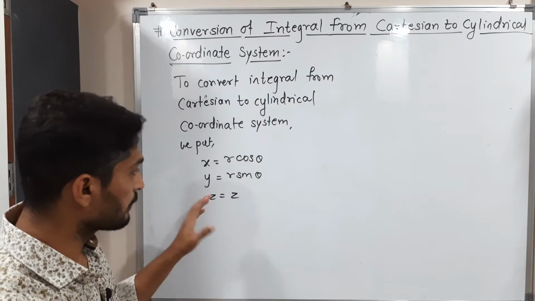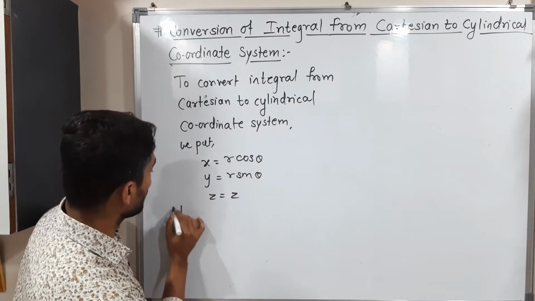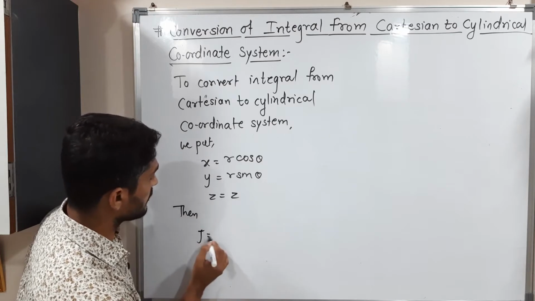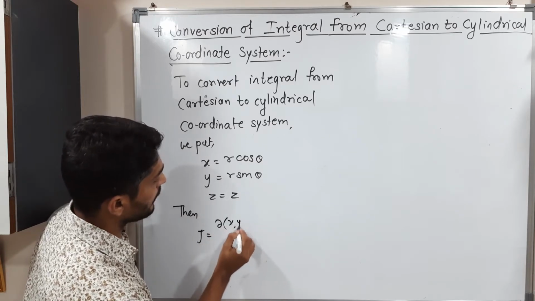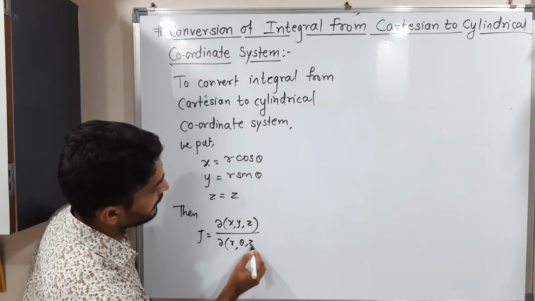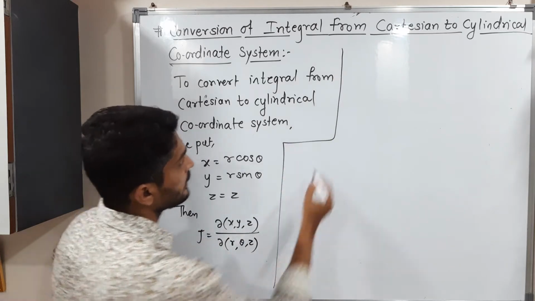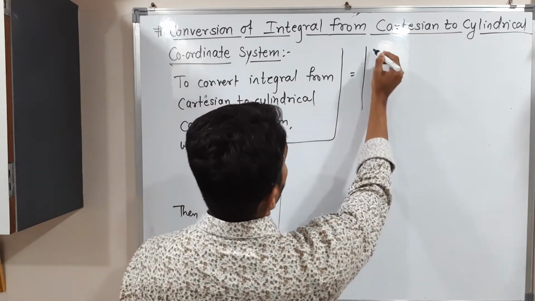So if you do these substitutions, obviously we have to find the Jacobian. How to find it? Jacobian is equal to del xyz by del r theta z. Then which determinant do we have to solve?